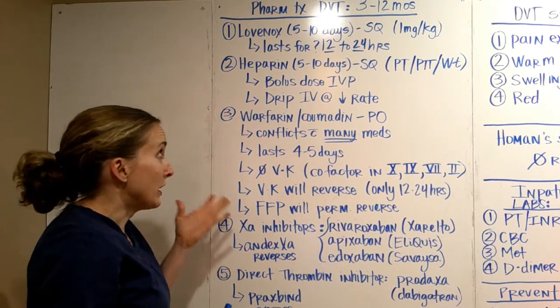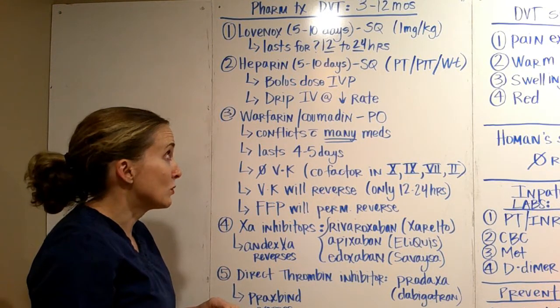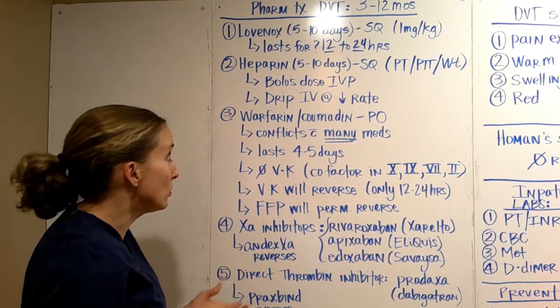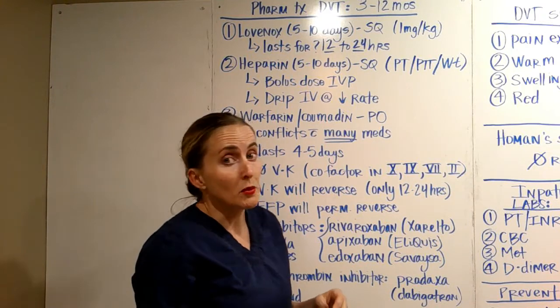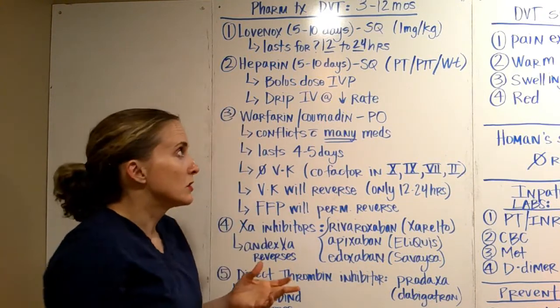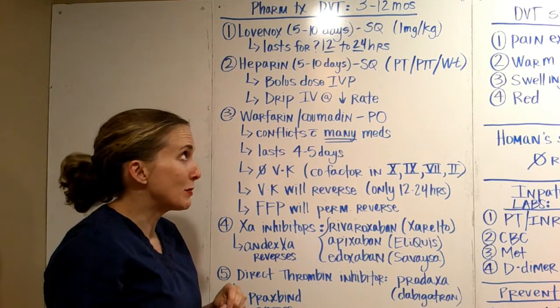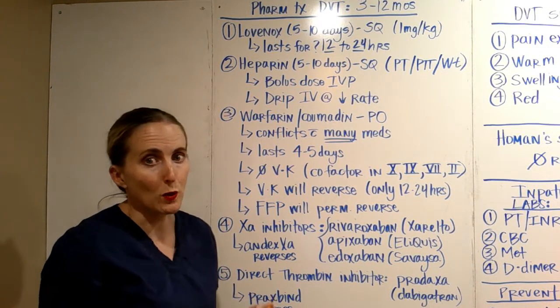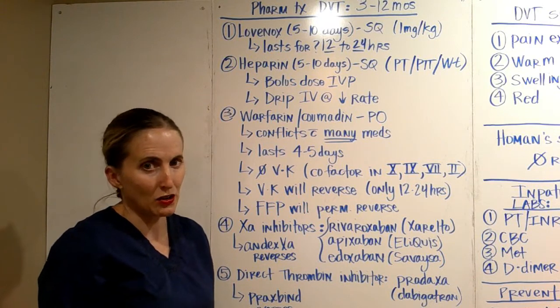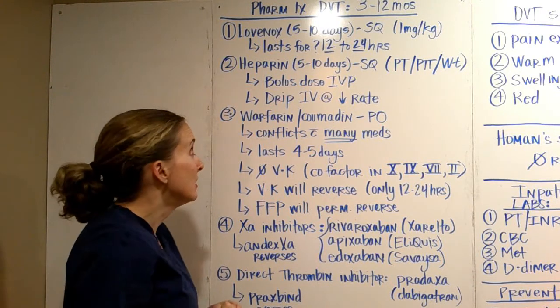All right, now heparin we do for 5 to 10 days as well, and you can do it sub-Q, okay? Or you can do it IV. So sub-Q, they'll keep them on it a little bit longer, but that dose is dependent on their PT, PTT, and their weight. So it's very weight dependent and also on the results of their PT, PTT.